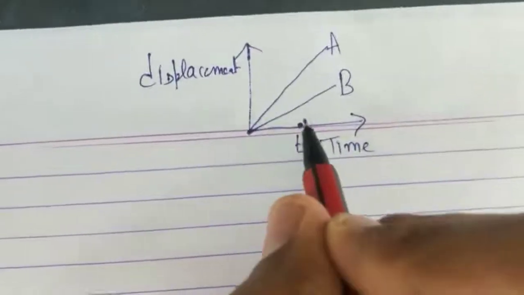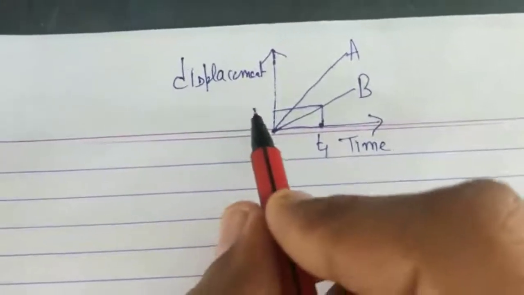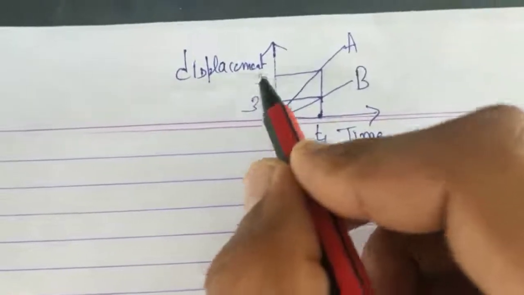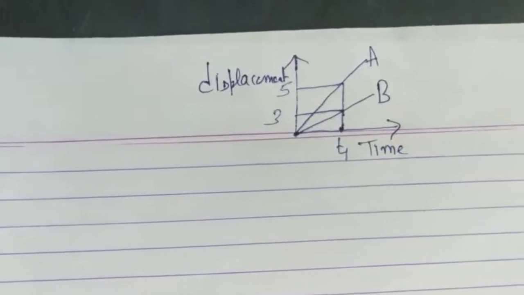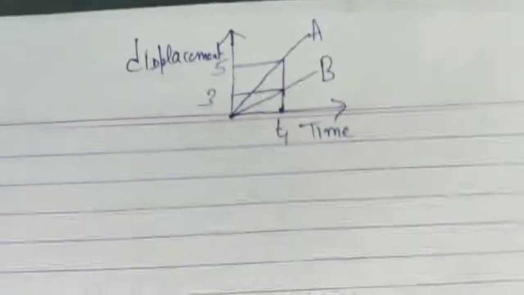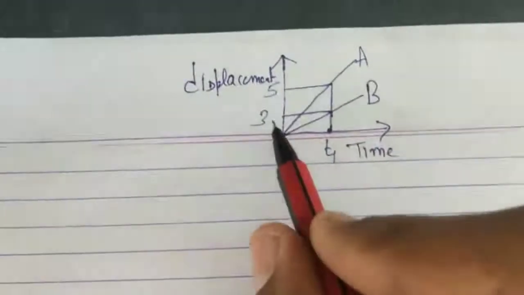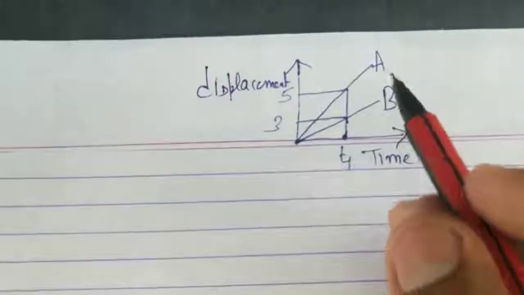You will take one time, suppose T1. At T1 it has covered a displacement of suppose 3, and at the same time A has covered 5. So whose displacement is more? A has more displacement. So which car will move faster? In the same time A is covering 5 and B is covering 3. So it's very clear A is moving faster.